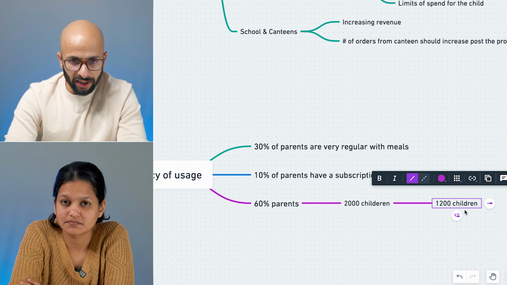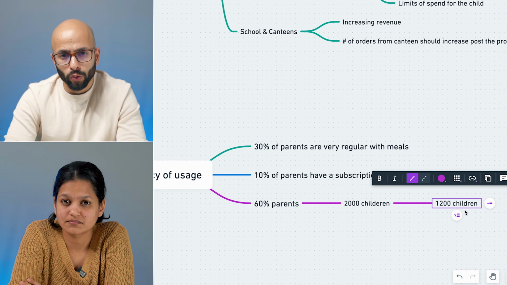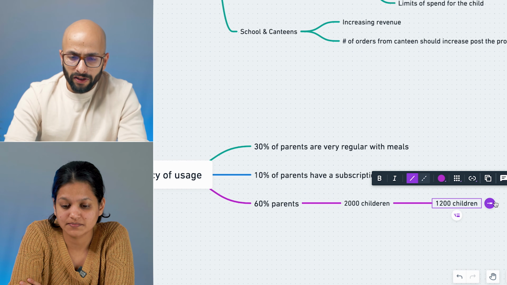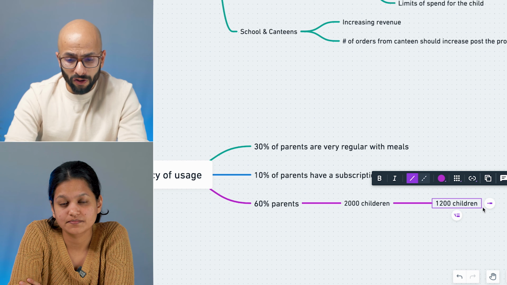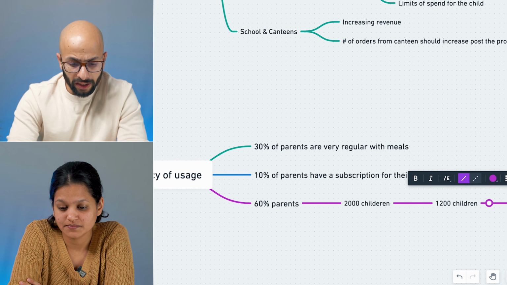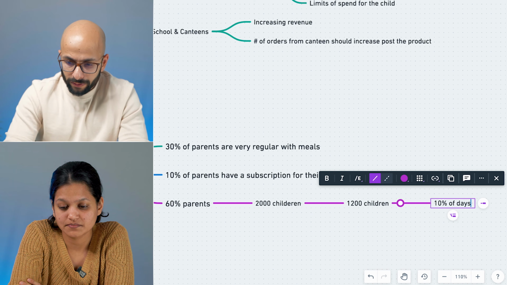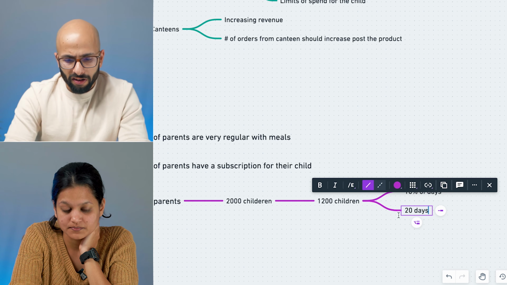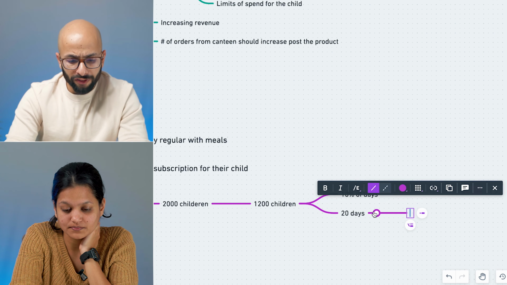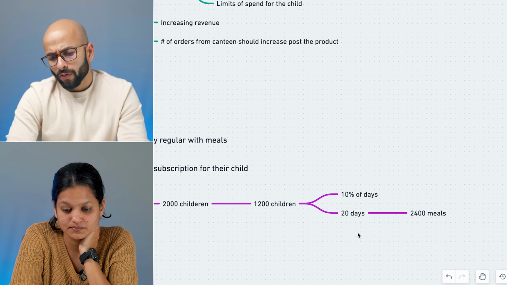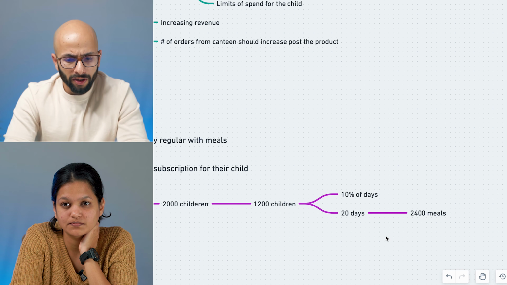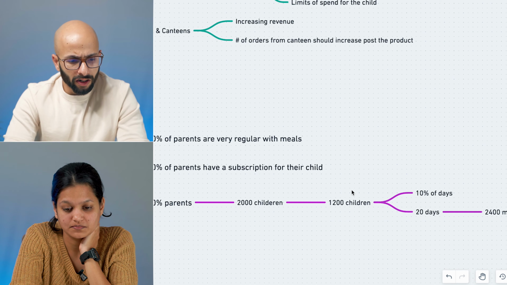Let's say there are 20 working days, and a parent requires it 4 times in a month, that's 10% of the days. So for 10% of the days, for 60% of children, that ends up being 2,400 meals spread out almost daily, depending on how each parent splits this up. That's how I'm thinking of the math.